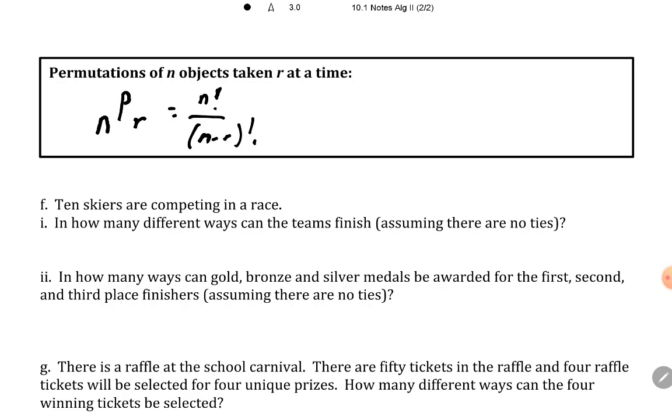So let's look at an example. 10 skiers are competing in a race. In how many different ways can the teams finish, assuming that there are no ties? And let's change teams into skiers, because there's 10 individual skiers.